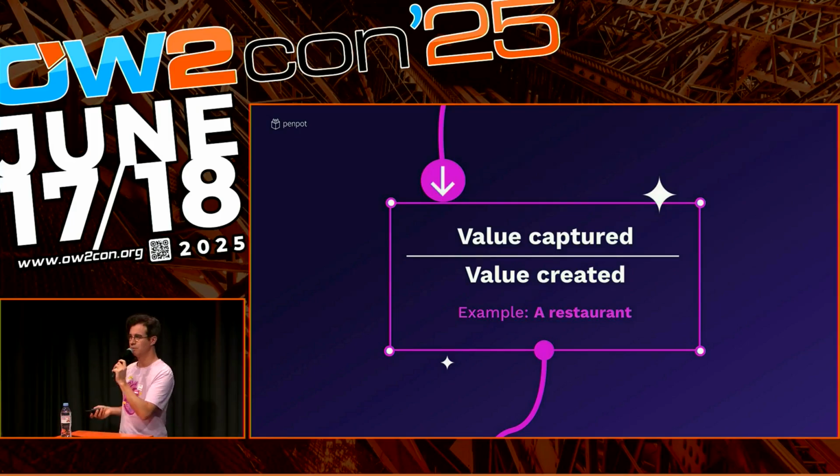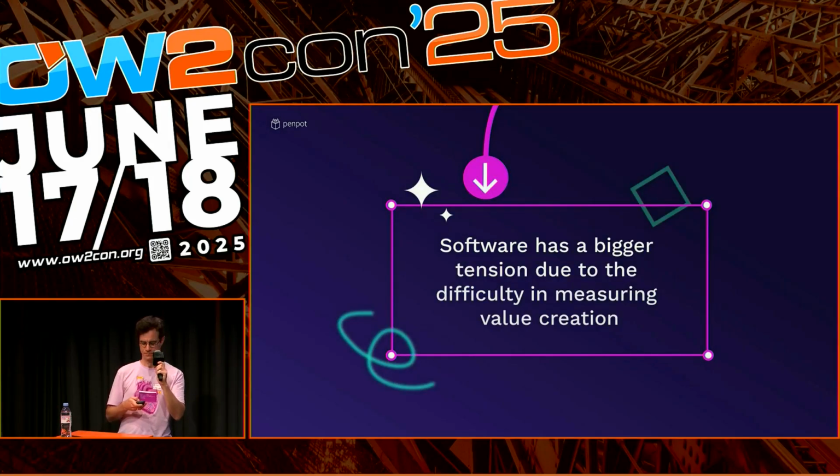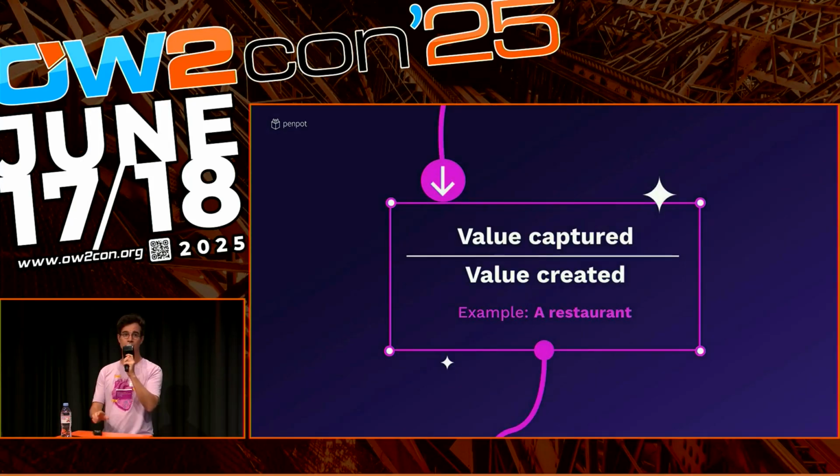I'll give you an example, a restaurant. You go to a restaurant, and you have some value created for you, right? You have a wonderful meal, hopefully, and you have the location, what you're going to do next, probably, the music, the atmosphere, the service, all of that is value creation. They're creating value for you.